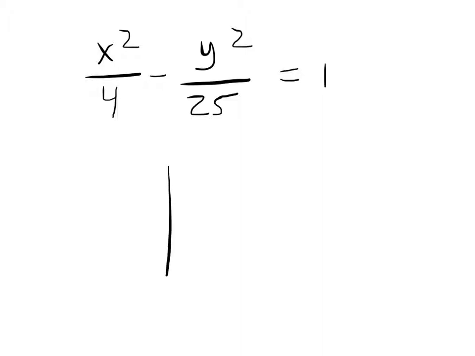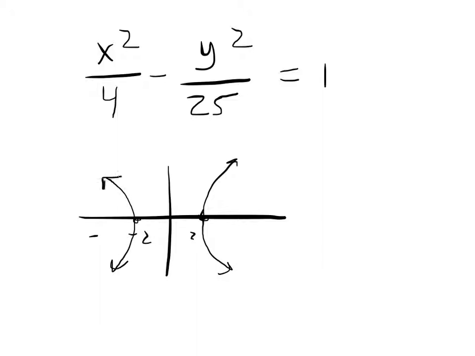And again, this is going to be, in this case, a hyperbola that opens left and right, because clearly (2, 0) and (negative 2, 0) are going to satisfy the equation. And so the question is, where do our focal points go? And the answer is the focal points go inside. They're going to be inside of the bowls formed by the branches of the hyperbola.